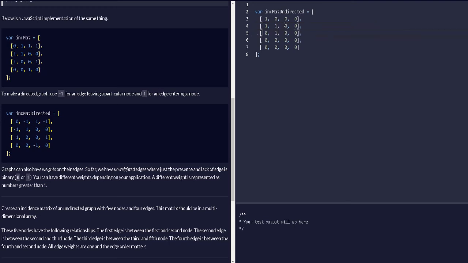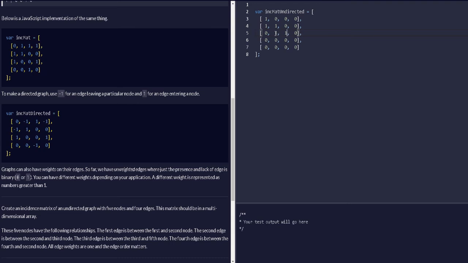See, that's very different from adjacency matrix. In an incidence matrix, basically they have to align. The third edge is between the third and the fifth node. So in this case, we can use the third right here, right?